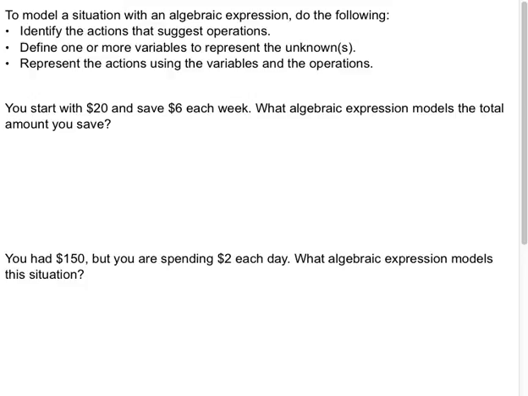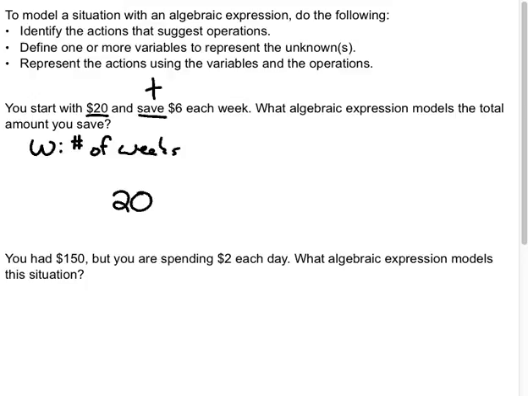All right, so each week means we're talking about a number of weeks. So that W I'm going to use to represent the number of weeks that are passing. So how much money am I getting? Well, I'm starting with $20 and then I'm saving money. Saving money implies that I'm adding to the money that I already have, correct?